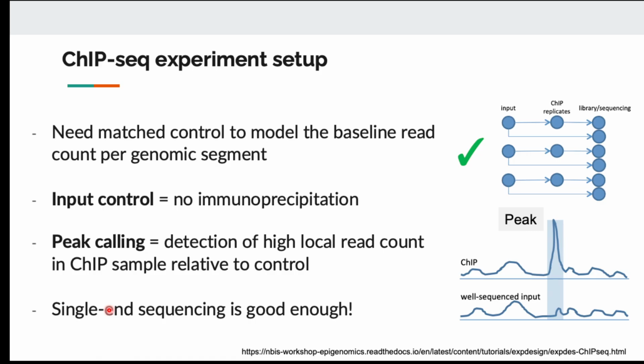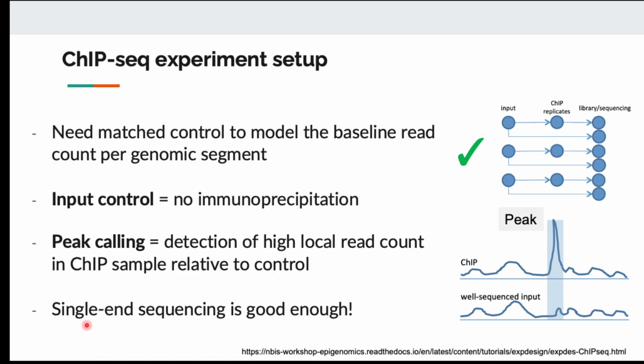We mentioned before that to map the sequencing reads to the genome, if you have paired-end data, you have a forward read and a reverse read, and you can map the data more confidently. But for ChIP-seq, where the goal is to identify where the reads accumulate, the algorithm that we have is good enough even if you do single-end sequencing. You sequence only the forward part.